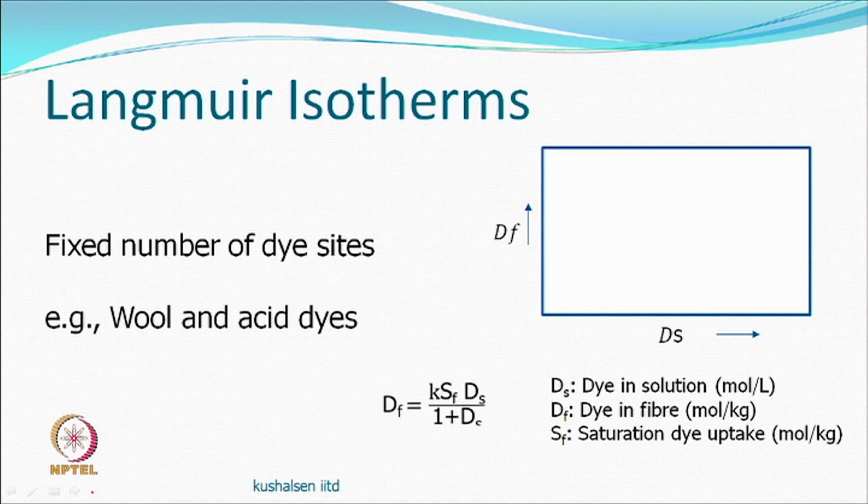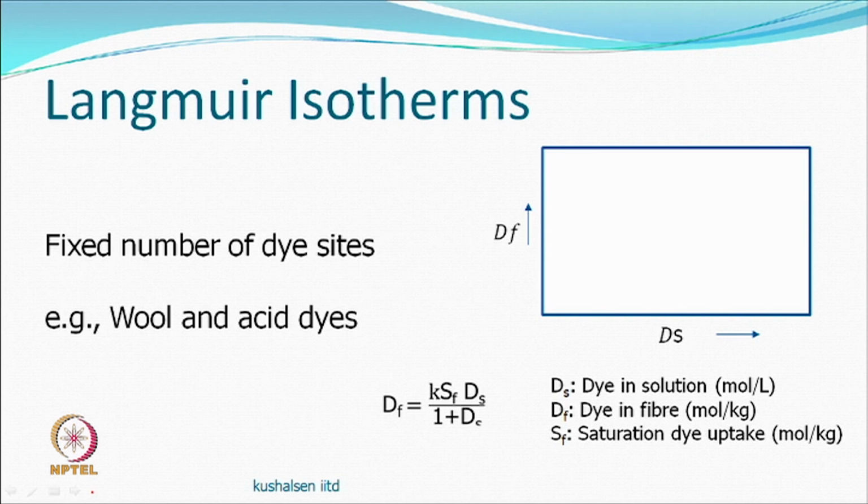Langmuir isotherms are the ones plotted at a constant temperature. We are not talking about dyeing starting at room temperature, raising the temperature to a certain degree, holding it for a certain time and then dropping it down. Not that. It is a constant temperature.